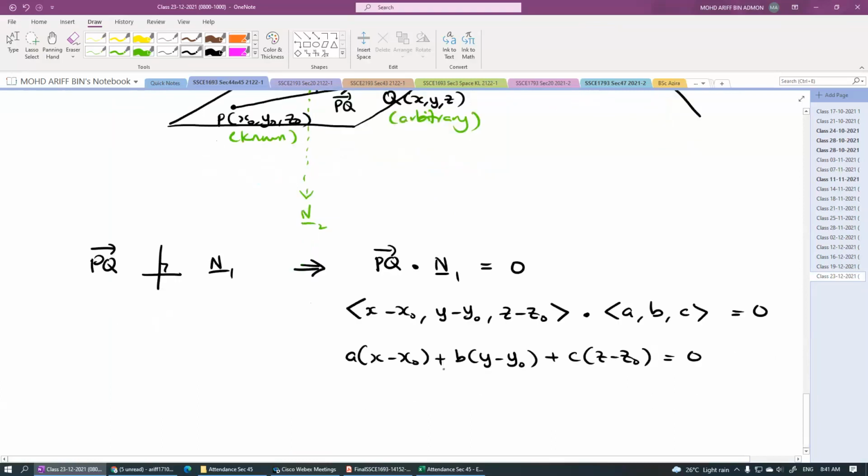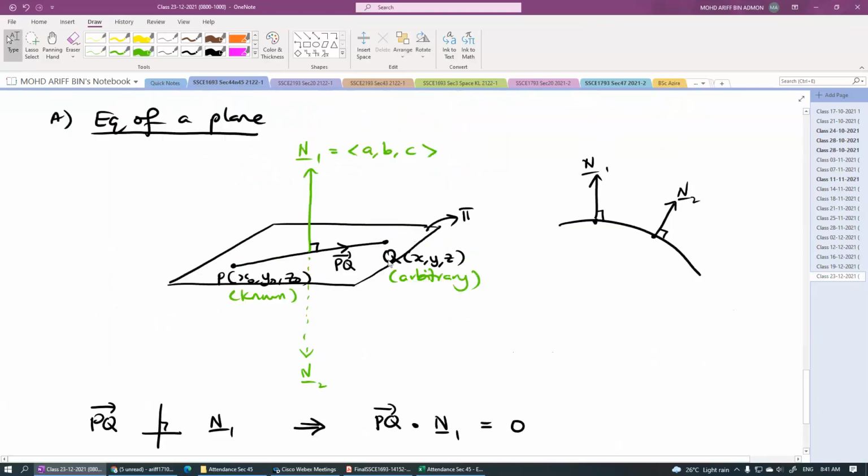Next, if we expand, because A, B, C, x naught, y naught, z naught are known constants, known values, except for x, y, z itself, because x, y, z is the unknown point Q, which is arbitrary and can be anywhere on this plane pi.